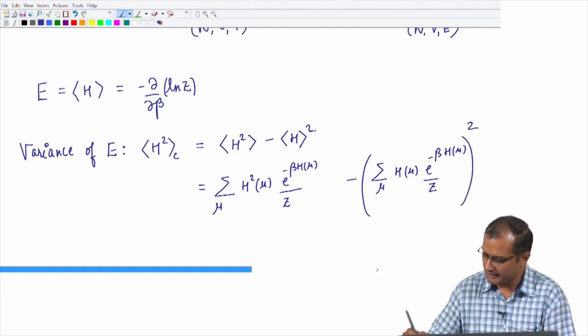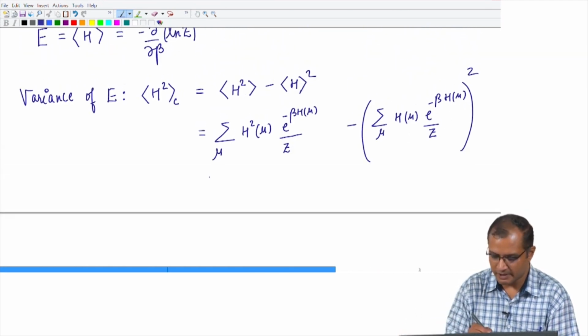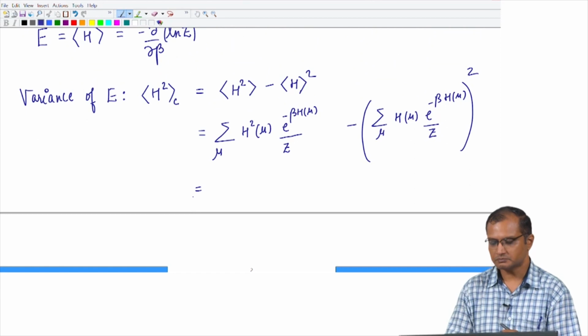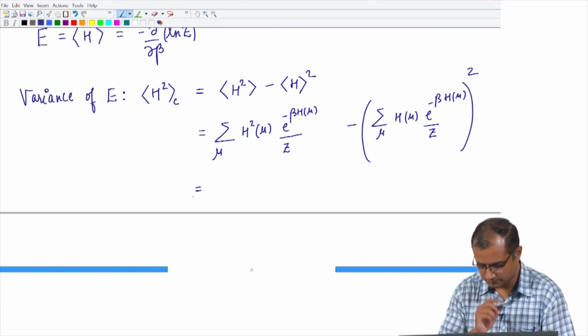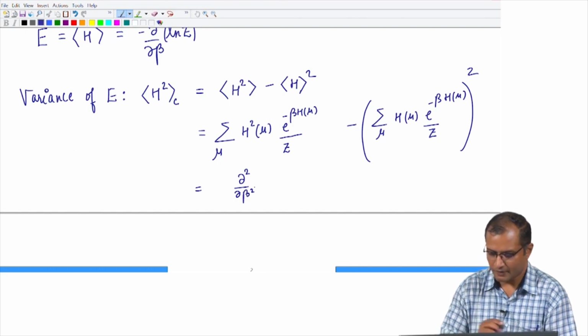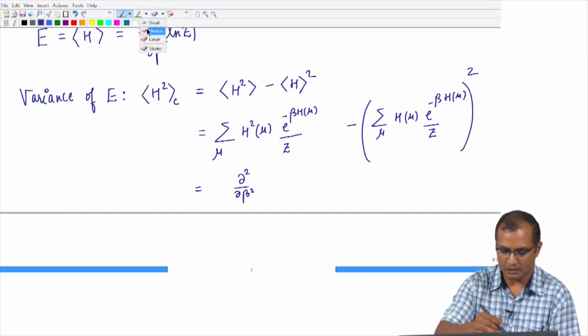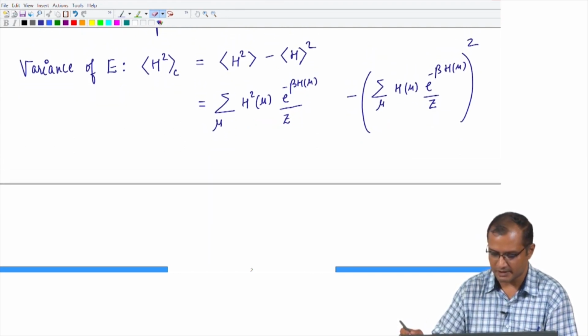And this can be very simply written as d square by d beta square. I need a new page, I am running out of space here, so I will write this on the new page.